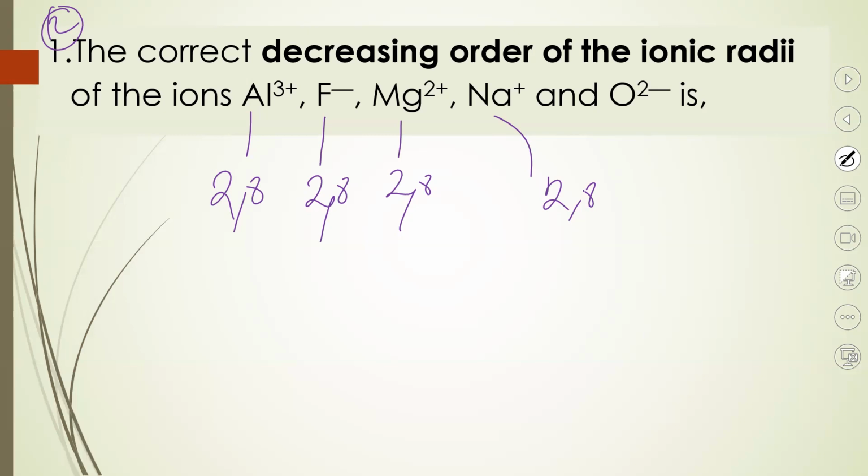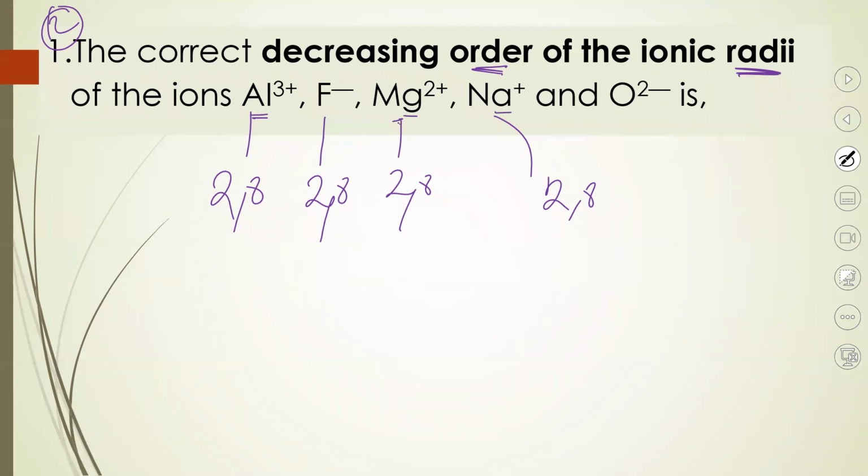When you compare the radii, it is very clear: cations are smaller. They are asking for the order, you have to find the order. Cations are smaller compared to anions. So if you compare these three, they are smaller in size.